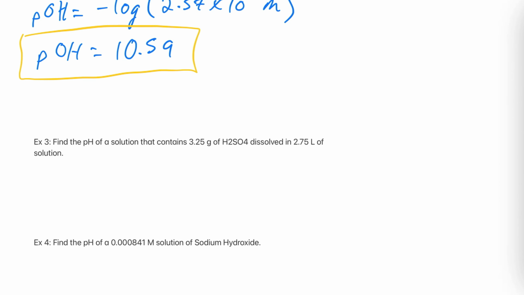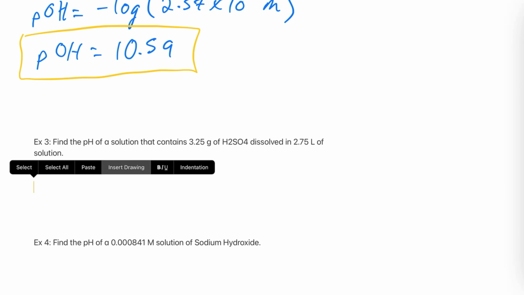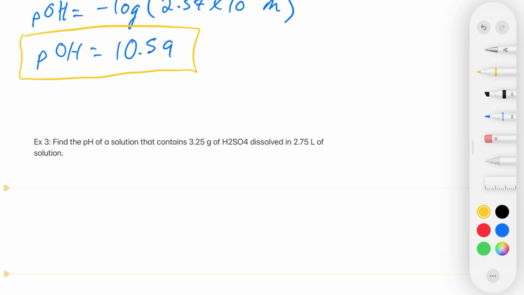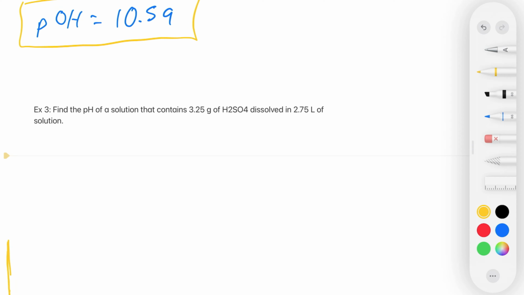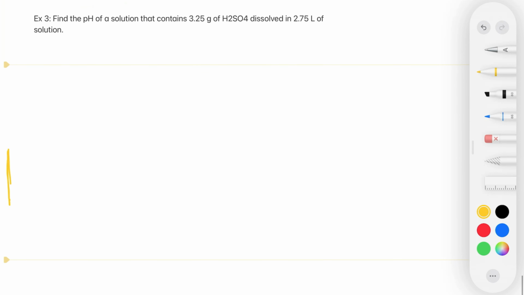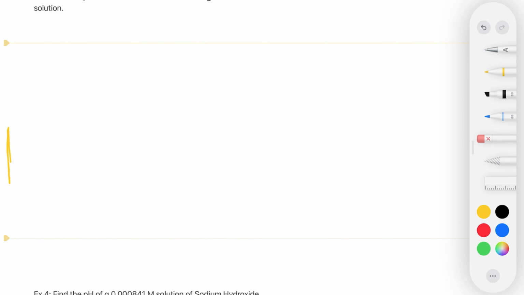So when we look at this one over here, there's going to be some extra steps. Okay, so we're going to scroll up here. Alrighty, so it says find the pH of a solution that contains 3.25 grams of H2SO4 dissolved into 2.75 liters of solution.